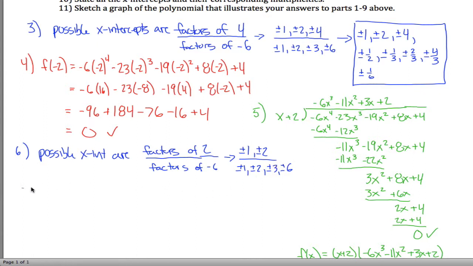It is, let's see, 1 or 2 over 1, 1 or 2 over 2. So that gives me 1/2 and 2/2, but 2/2 I already have. 1 and 2 over 3.